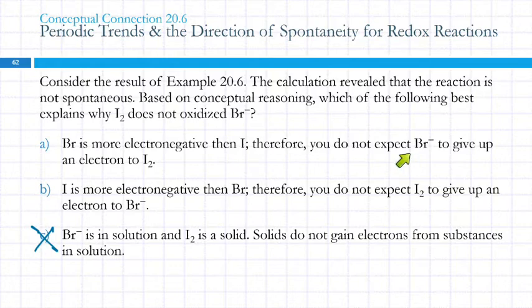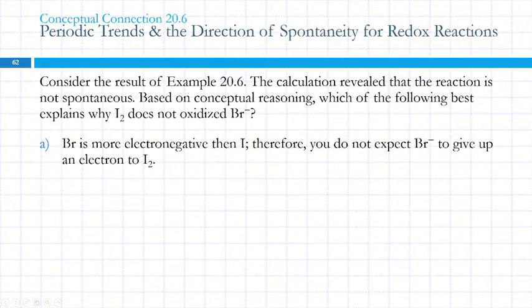And so here bromine has the electron, and in order for this reaction to happen, it has to give it to iodine. Iodine is not as attractive to the electrons, and so that's not going to happen. So that's the answer.